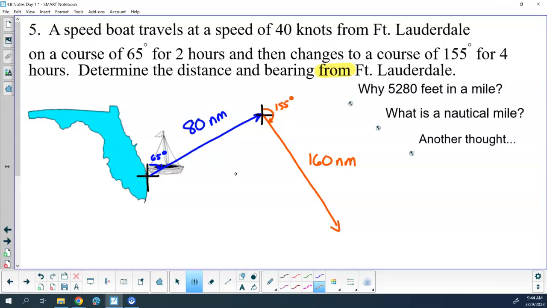With me? Because you're in two different spots. Okay? So the word "from" says determine the distance and bearing from Fort Lauderdale, which means we need to find that distance and we need to find that angle.